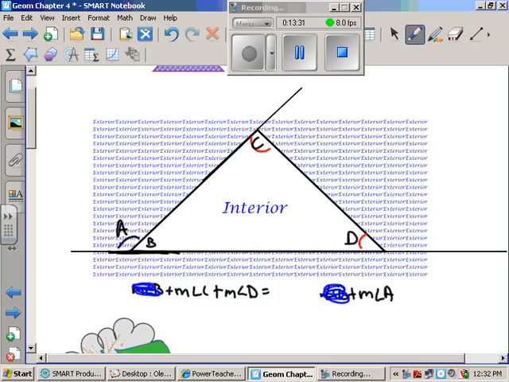So if I need to find the 180 degrees without that part, it's the same as finding 180 degrees in the big triangle without that part. So wouldn't they be the same amount? Right? So that's what the exterior angle theorem says. This angle is equal to the sum of those two angles. Yes?